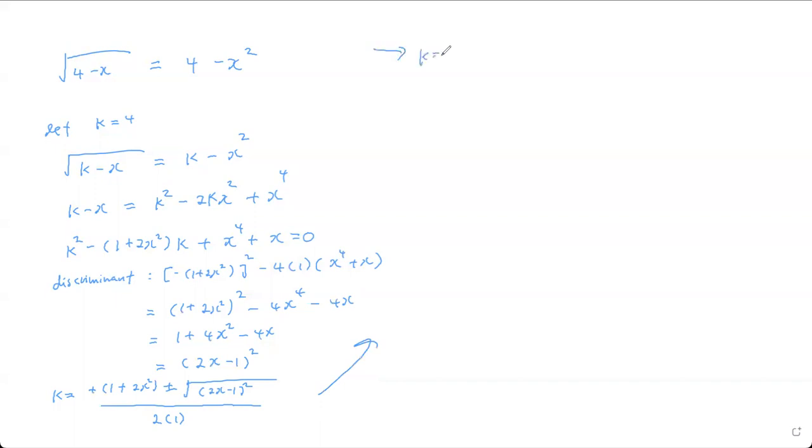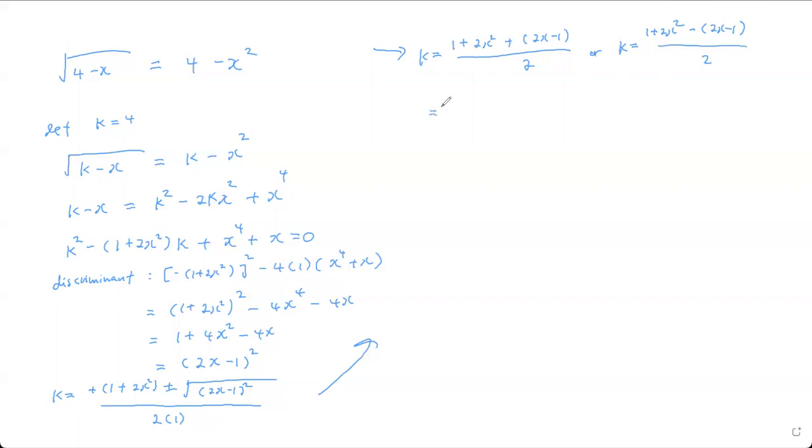So I'm going to simplify this, right? This is just 1 plus 2x squared plus, so square root, this square, I will remove the square, right? So I'll have 2x minus 1, divided by 2, or k equals 1 plus 2x squared minus 2x minus 1, divided by 2.